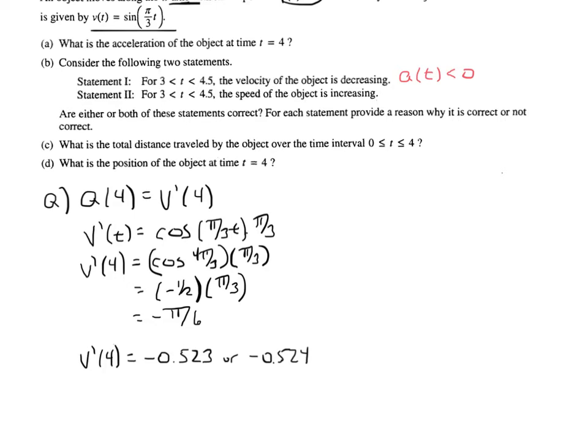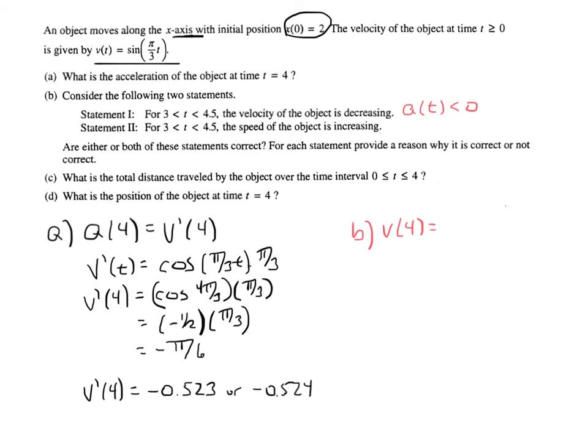Now for the speed of the object to be increasing, the acceleration and the velocity must be the same sign. So for part B, what we need to do is find the velocity at t equals 4. So the velocity, where's our function? That's sine of 4 pi over 3.